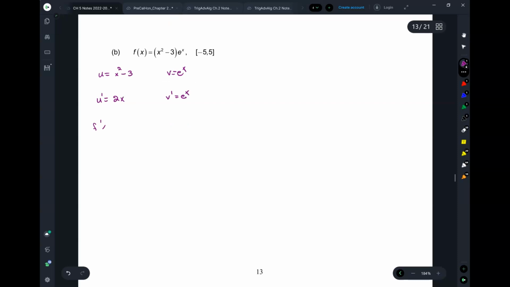So f prime of x. I didn't do the domain for this because look, they already gave us a domain. So this is going to be this. I'm going to write the e to the x first. So it's e to the x times (x squared minus 3). Remember the parentheses. And then plus 2x e to the x.